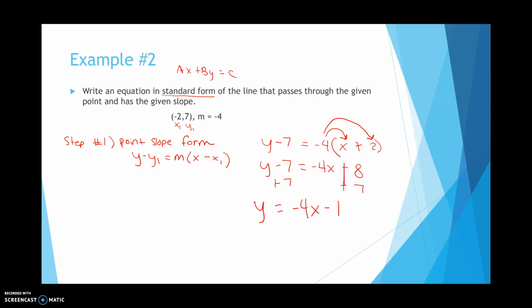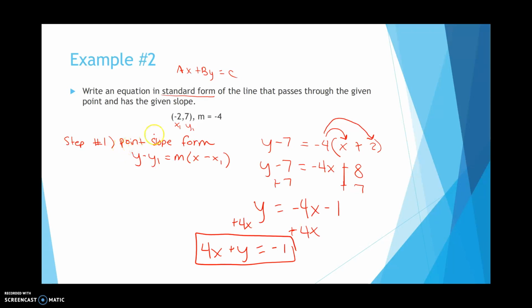I have that negative 4x on the right side, so I need to move it over to the left by adding 4x to both sides. So what I have is 4x plus y equals negative 1. Is that in the form of ax plus by equals c? It is, so this will be my answer.